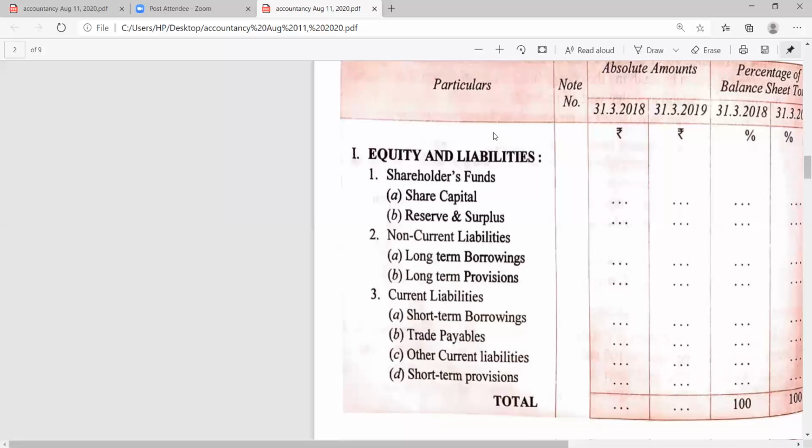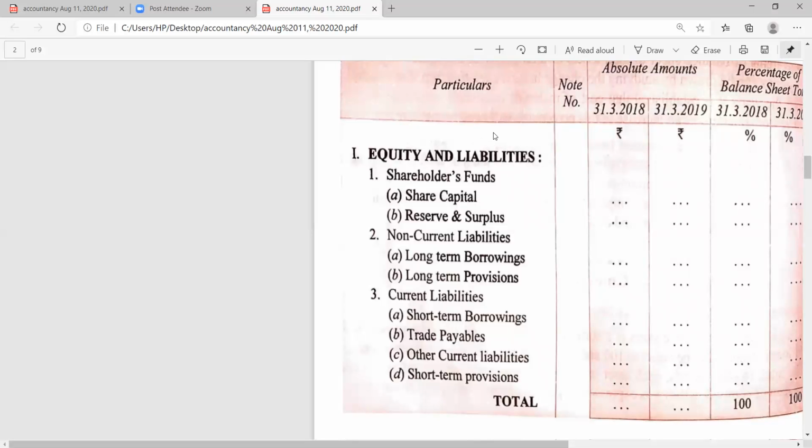In the comparative statement, absolute change is there. Very good. Absolute increase or decrease. And afterward, the percentage change in increase or decrease is to be calculated.